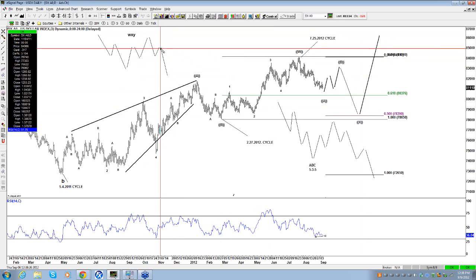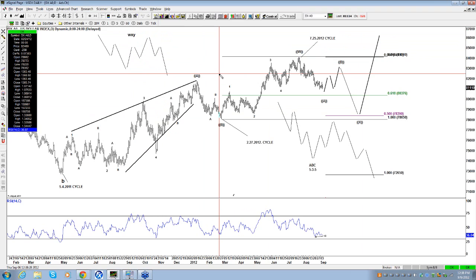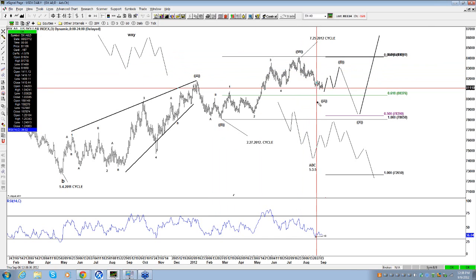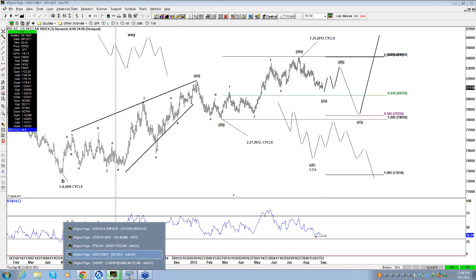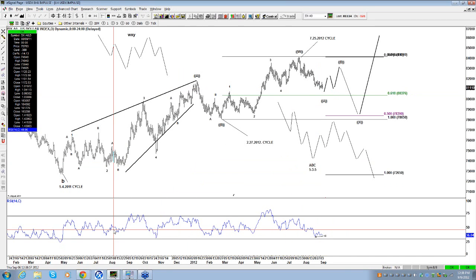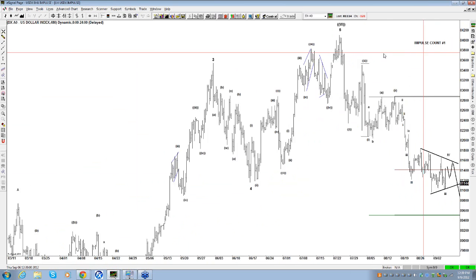If you notice in this one, this overlap, and that's the separation we're getting in the market between the first bunch of waves and the second bunch of waves. That is what makes us believe the scenario where we are in an impulse in the dollar is possible.